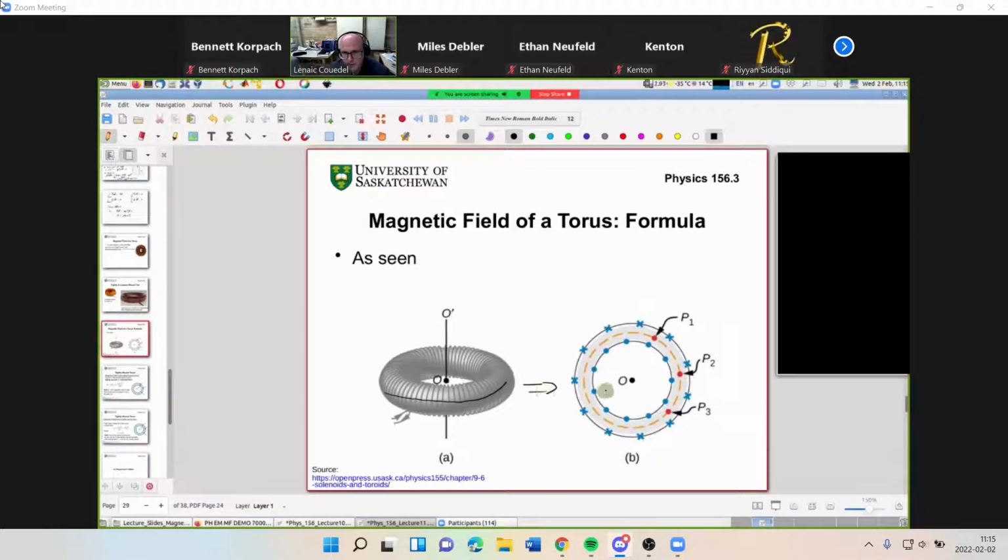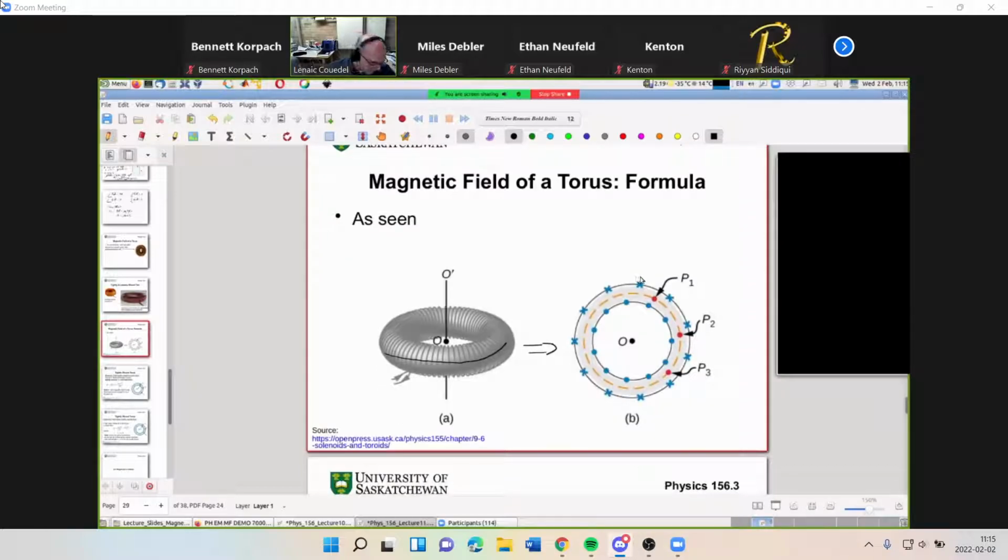So you have current going in on the inside surface, going out on the outside surface. Here we have artificially decreased the number of wires for clarity, but you can just use Ampere's theorem to calculate the magnetic field here on the yellow line. Okay, so you can use this yellow line as the Ampere contour.